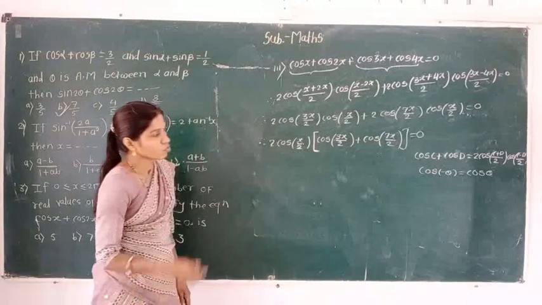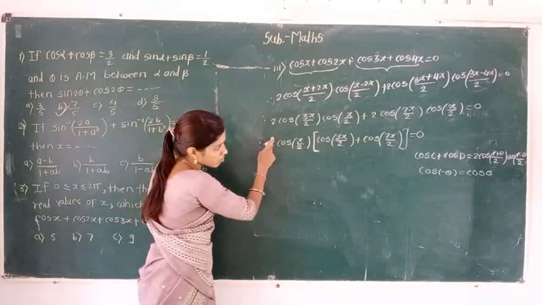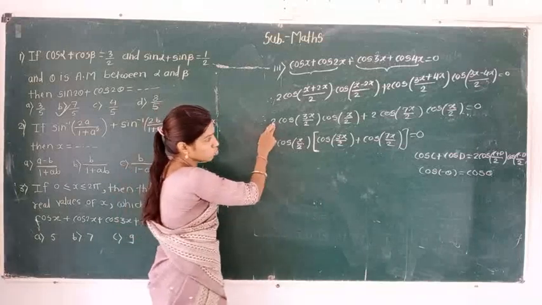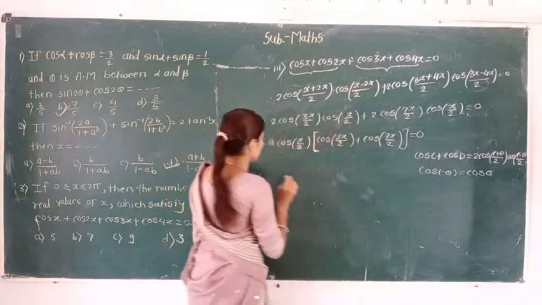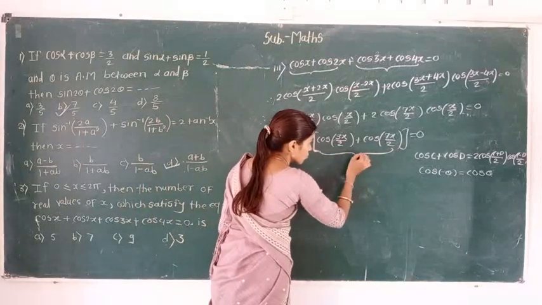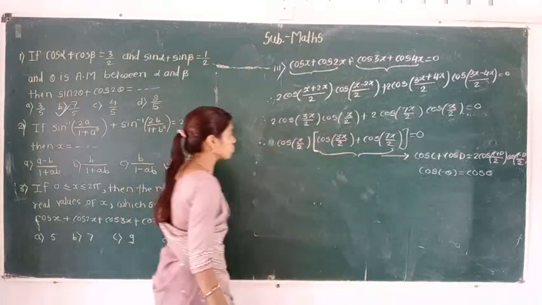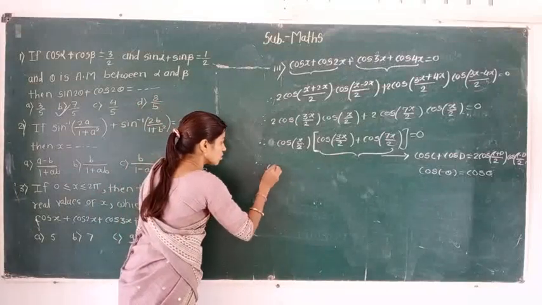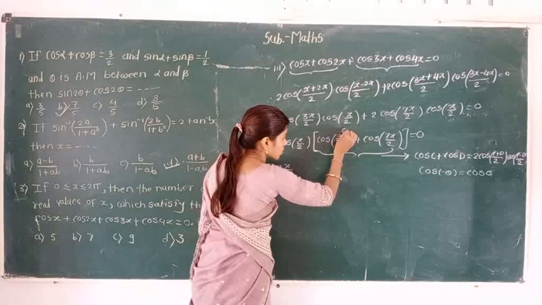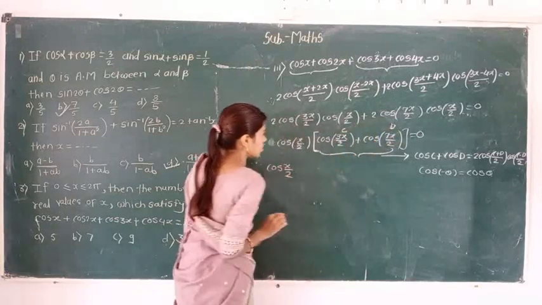Transferring the 2 to the right-hand side, 0 by 2 is 0. Now again use the formula for cos C plus cos D. Take cos(x by 2) as it is; here is the C angle and here is the D angle.